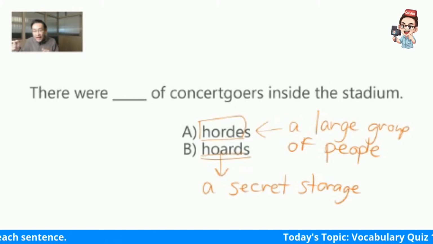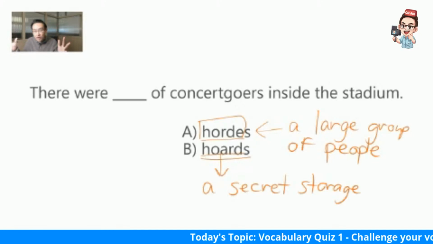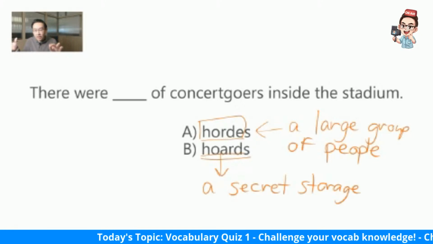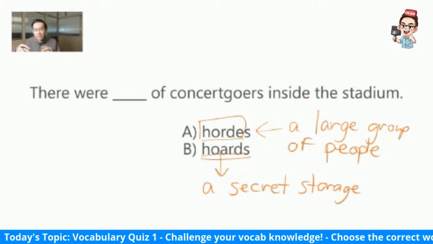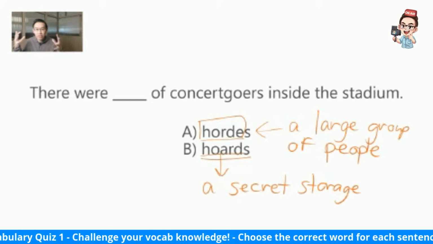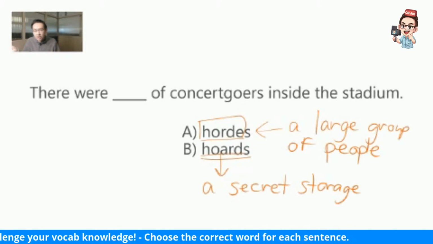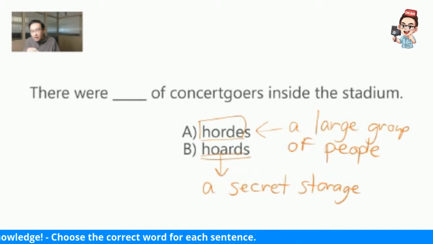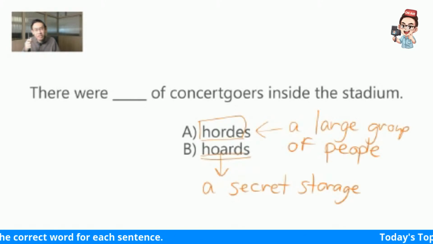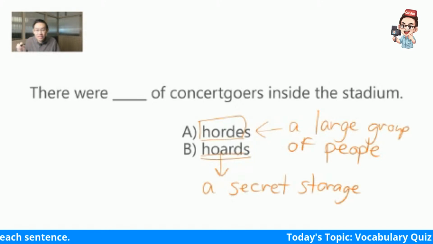While for the A horde, that's a large group of people. B hoard is like a secret place where you keep many things. So now you know the meanings of the choices. What is the answer to this question?